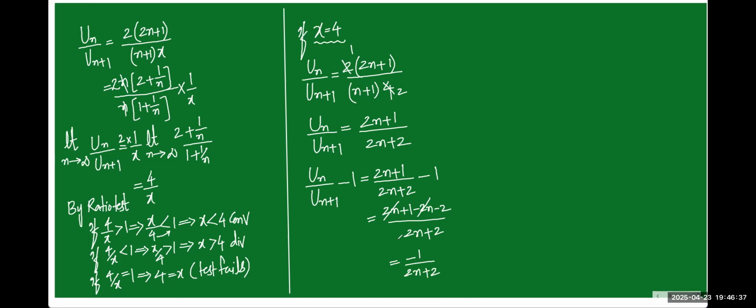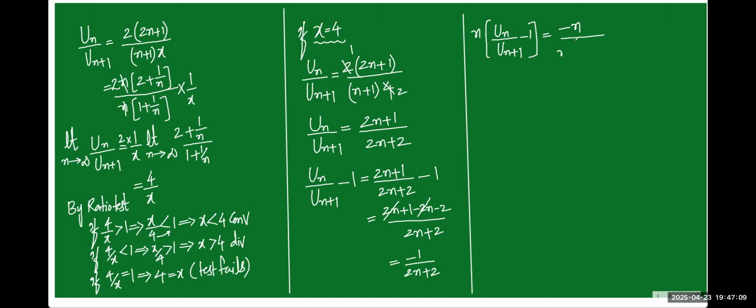Now multiplying with n on both sides, and then finally take the limit. Un by un plus 1 minus 1, multiplying with n, the numerator we get here is minus n. In the denominator, take n common: 2 plus 2 by n.